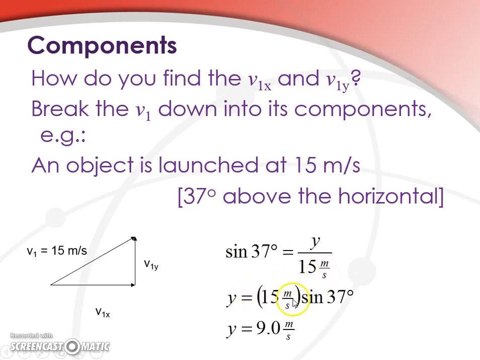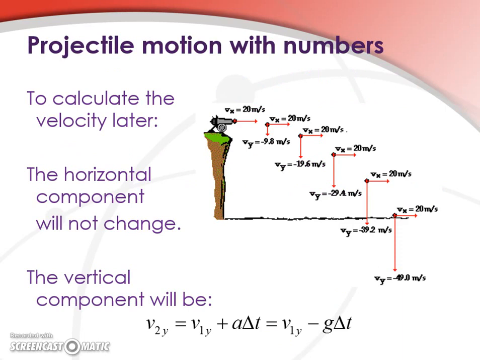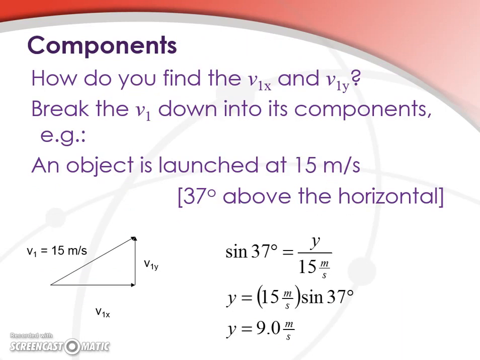Y equals 15 meters per second times sine 37 degrees, or y equals 9 meters per second. So in a few seconds we have extracted the individual components for the motion, and now we can use those to go further if desired.